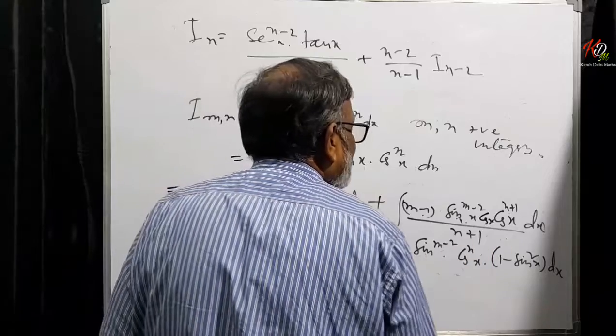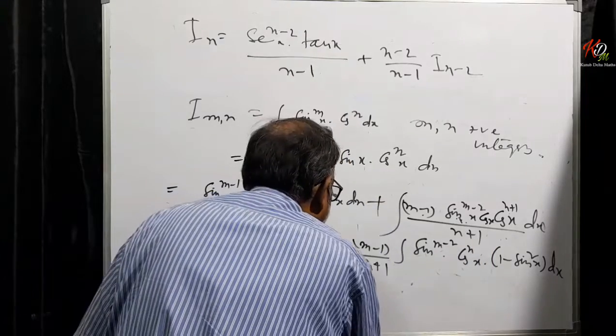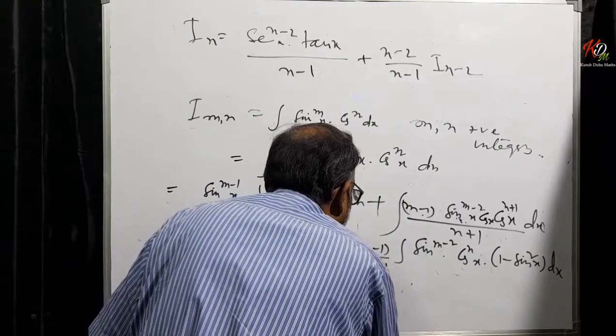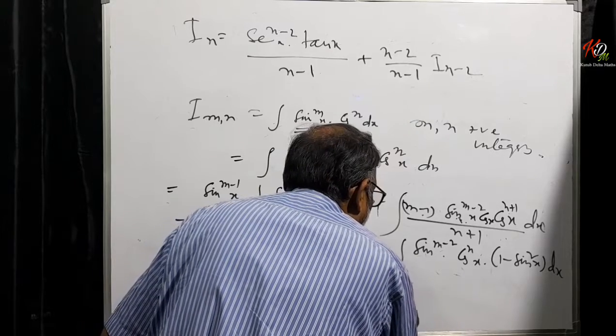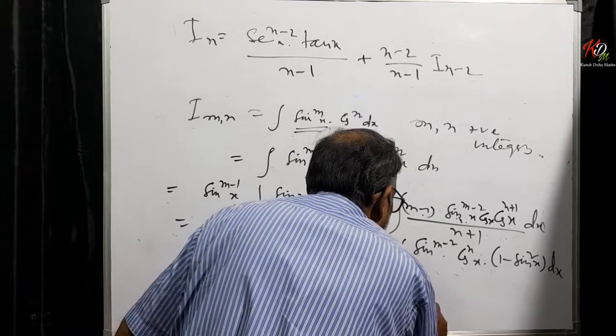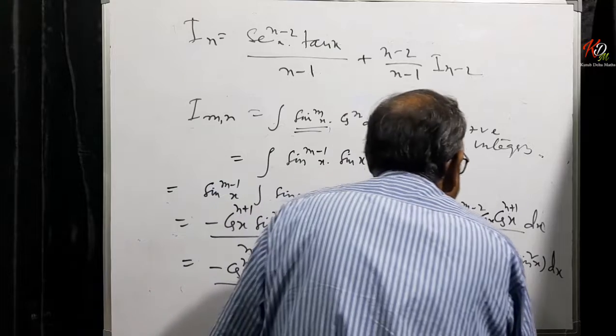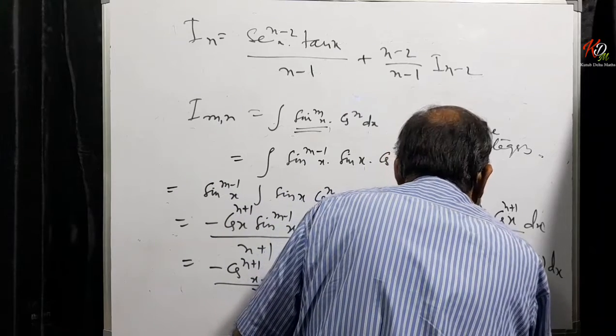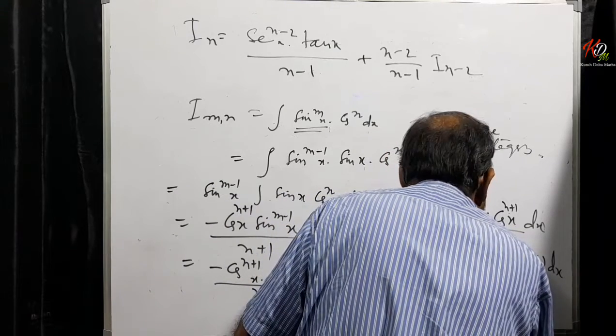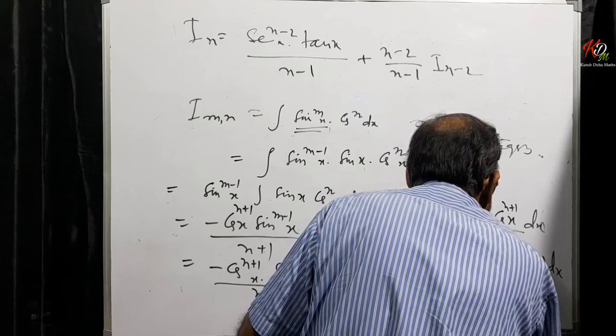So that means plus m minus 1 by n plus 1 I m minus 2, n, minus m minus 1 by n plus 1 I m n.